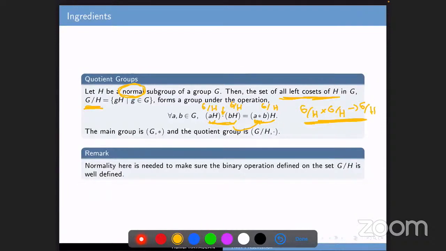What do I mean by that? We have seen in our previous slides that these two elements are actually the same in Z. We pick this as Z over 3Z, let's say. These are both the same elements. The representing element changes only.